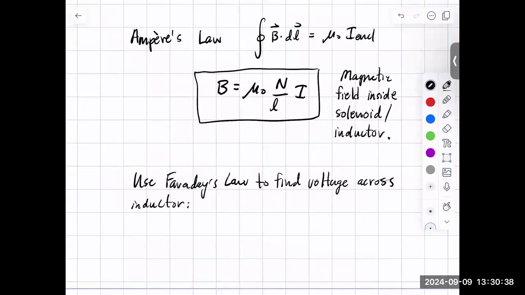It was that the induced voltage, I'll call it delta VL because we're talking about an inductor and we're going to use L for the quantity of inductance, was equal to the change in magnetic flux with respect to time. And again, I won't worry about the sign for now.